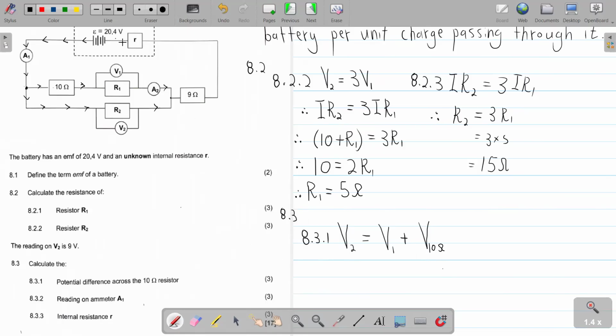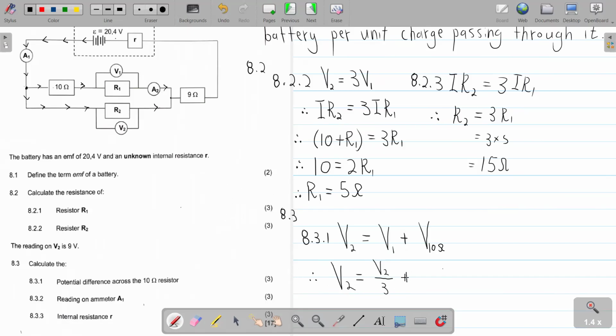So this means that V2 equals V1 plus V 10 ohms, where V1 is V2 divided by 3. Divided by 3.